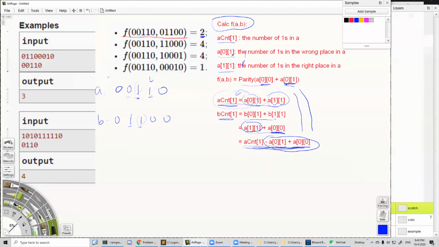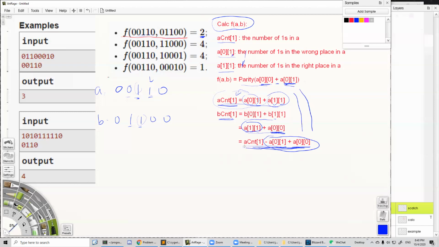If one of them is odd, then the answer is also odd, right? So the same applies to minus here. If we change the plus to minus, even number minus even number equals even number. Even number minus odd number equals odd number, right? The parity of these two guys are the same.